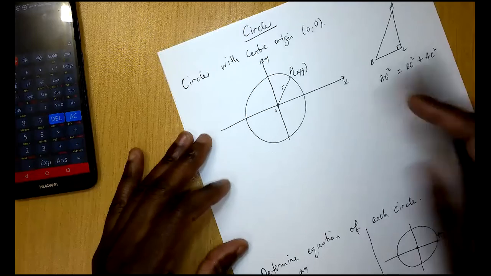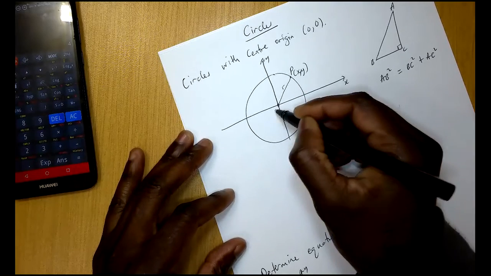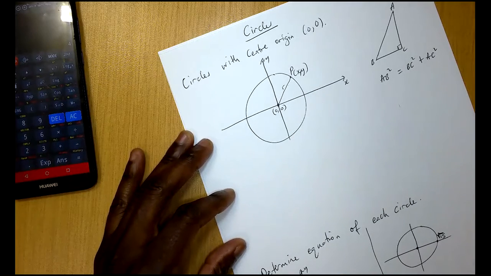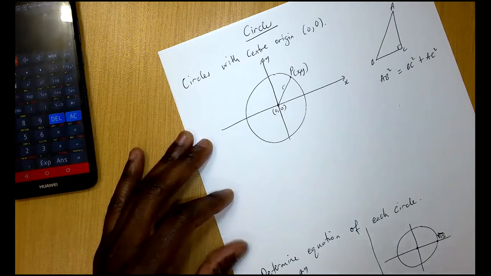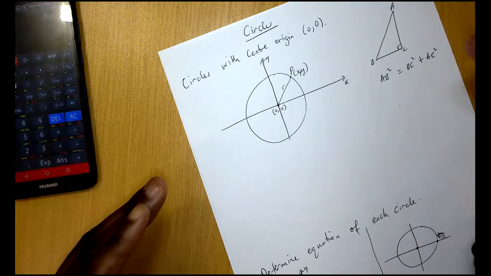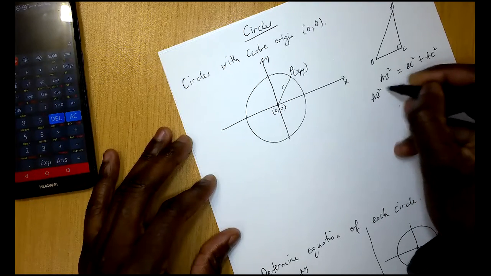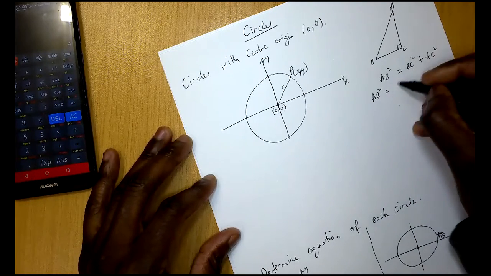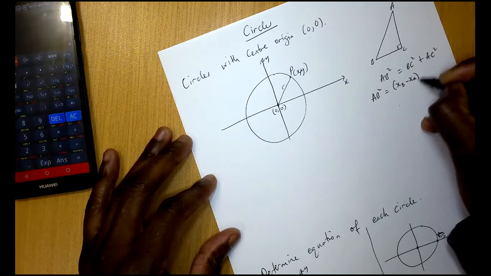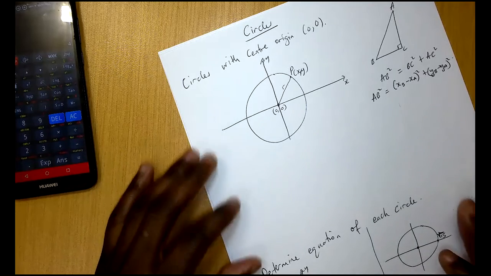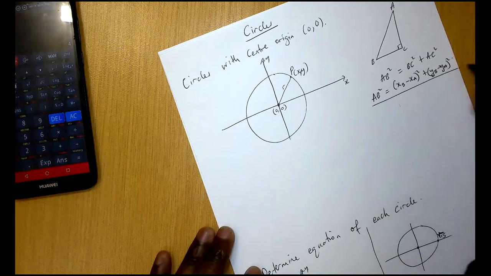Here, to calculate the distance from O, the coordinates of the origin O are 0 and 0. And the distance between A and B, AB squared, is equal to XB minus XA, squared, plus YB minus YA, squared. That is our distance formula, and you must always remember it.